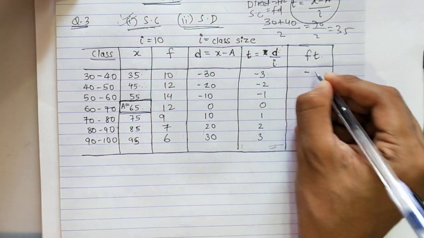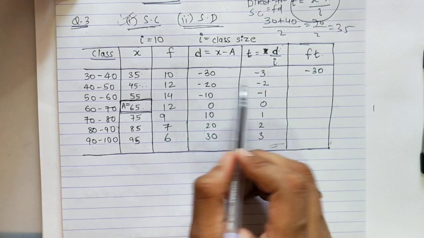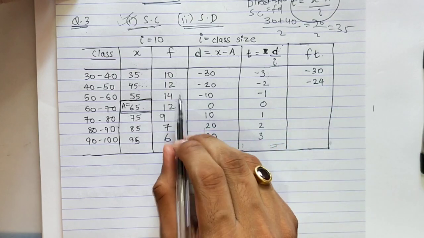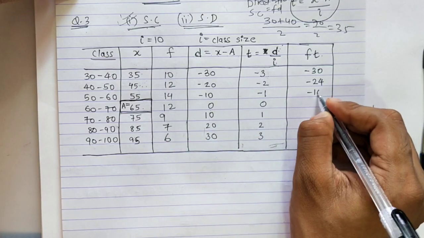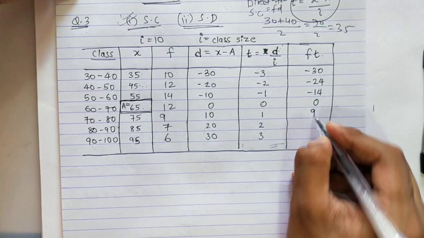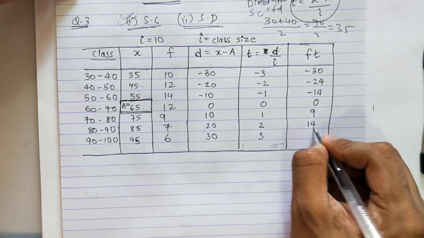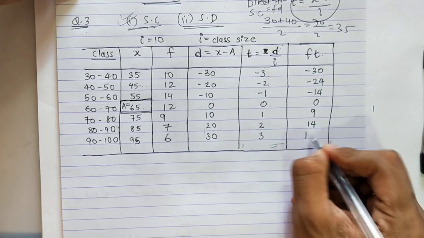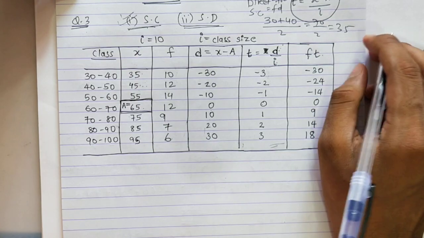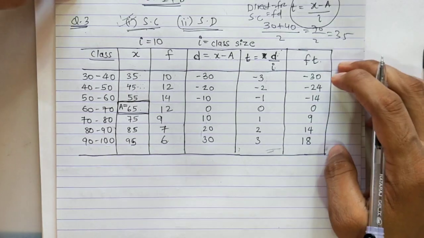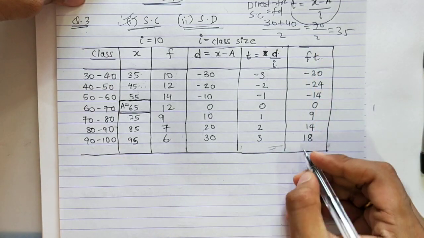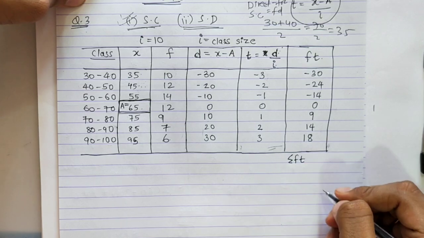So this first value is minus 30. Then 12 into minus 2, so minus 24. 14 into minus 1, minus 14. 12 into 0. 9 into 1. 7 into 2. 6 into 3. Now I got Ft. Okay, we are doing step deviation. Now I'll add all the values of Ft. I'll get summation of Ft.